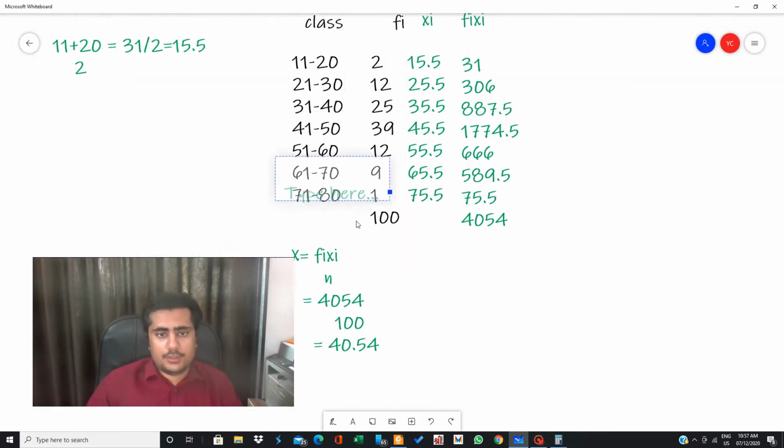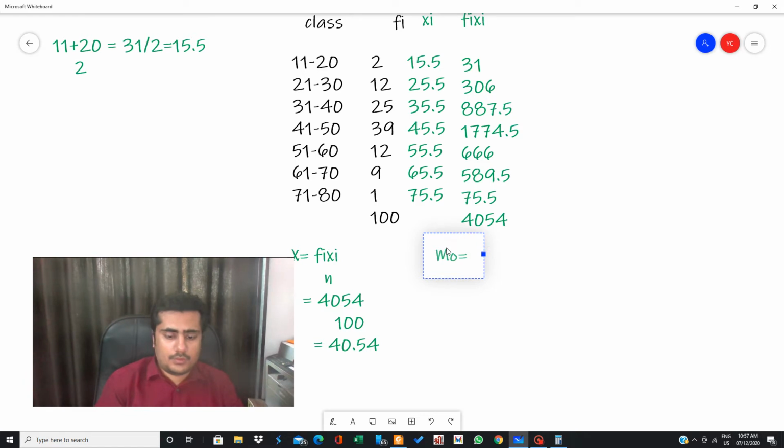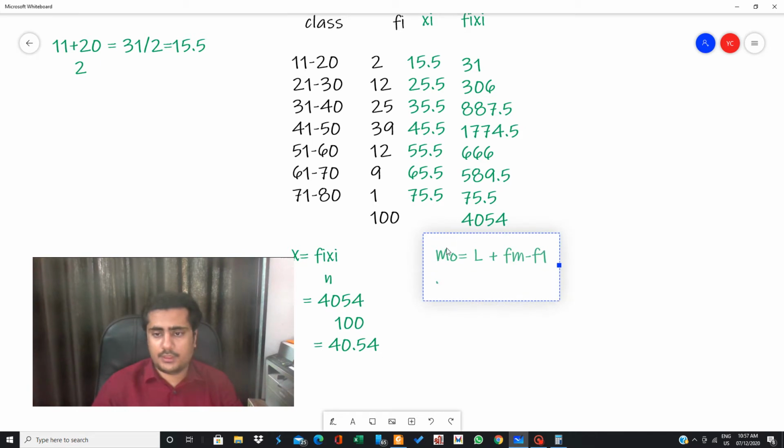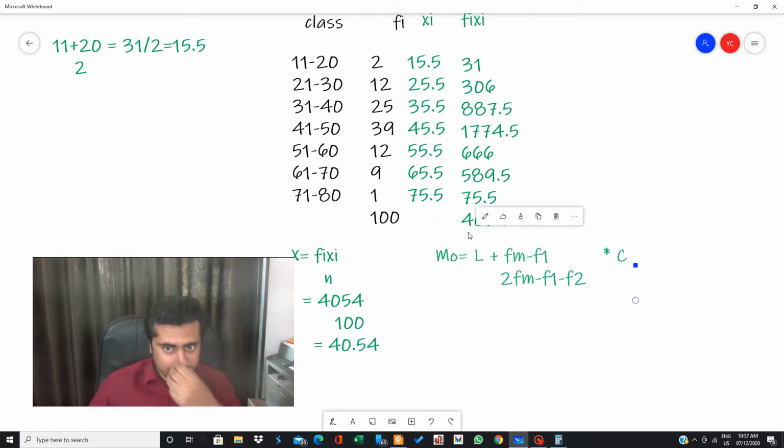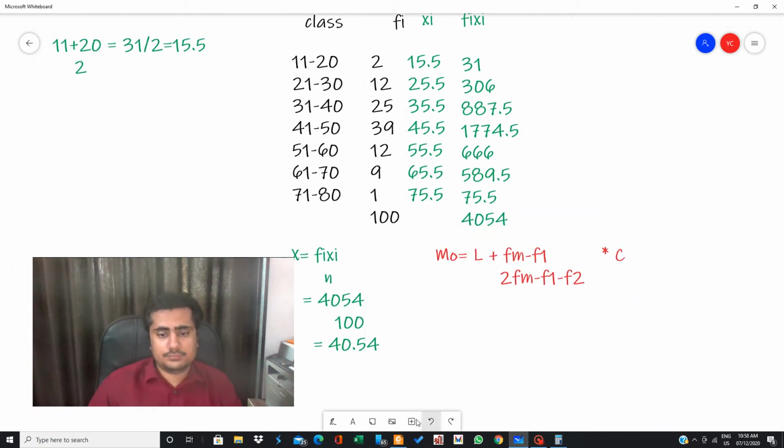Then let us find mode. Now mode is L plus Fm minus F1 upon 2Fm minus F1 minus F2, into C. Now what is Fm?